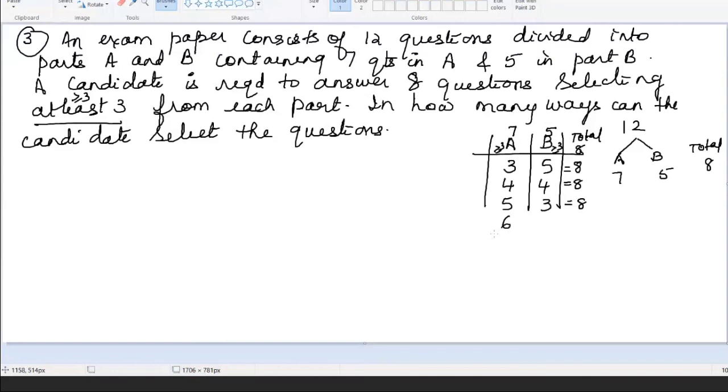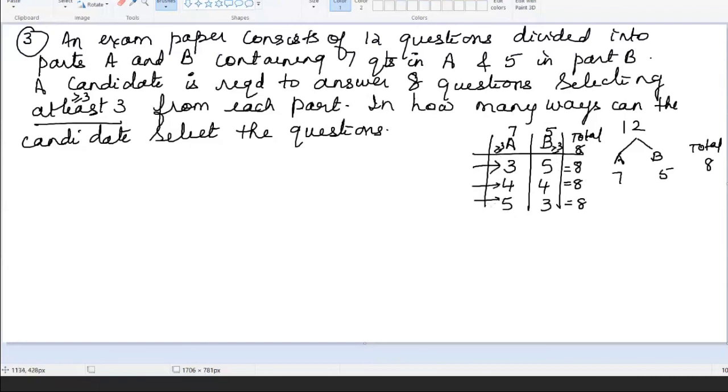Why not? What will happen if I take 6 in A? B will get only 2, which is going against the condition greater than or equal to 3. Hope you are able to understand. Very good. So I cannot take 6. I can take only till here. So these are the 3 different cases.